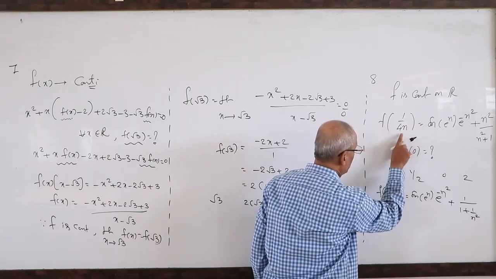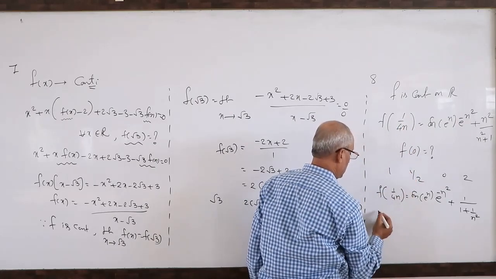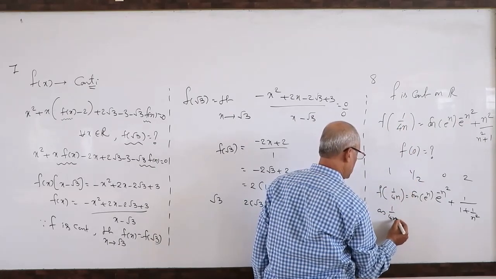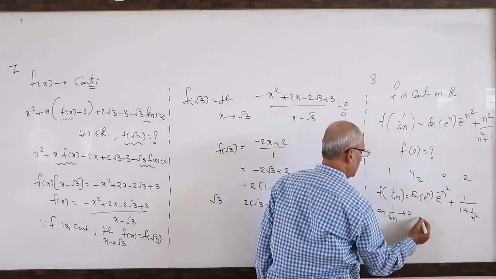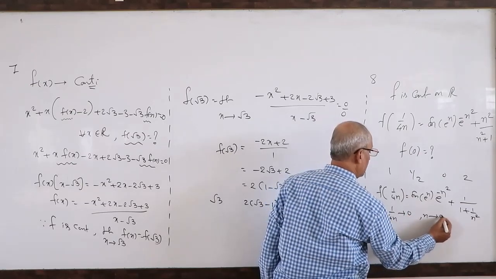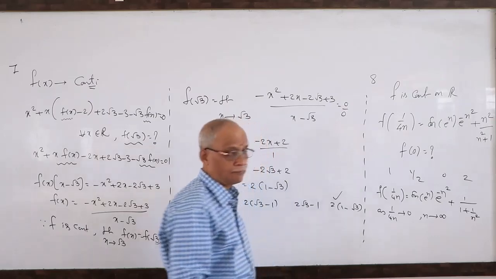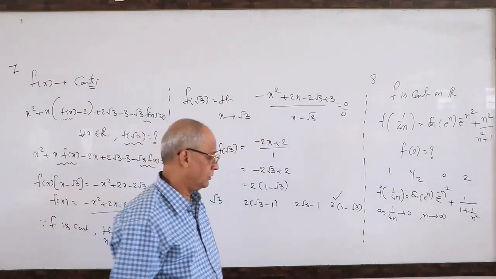That means 1 by 4n is 0. As 1 by 4n tends to 0, where is n? Infinity. 1 by infinity is 0.